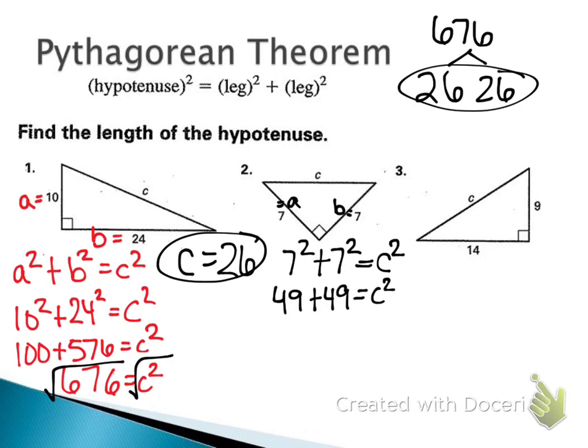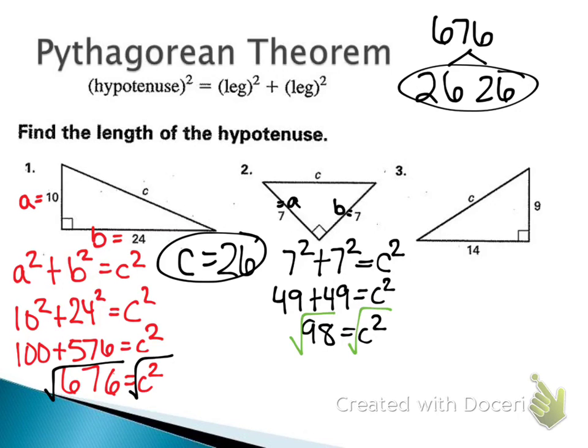What's 49 plus 49? But what do I still have to do to get C by itself? Square root it. When I square root 98, is that a perfect square number?